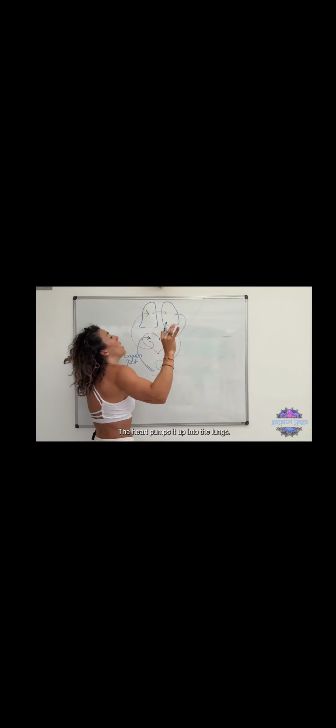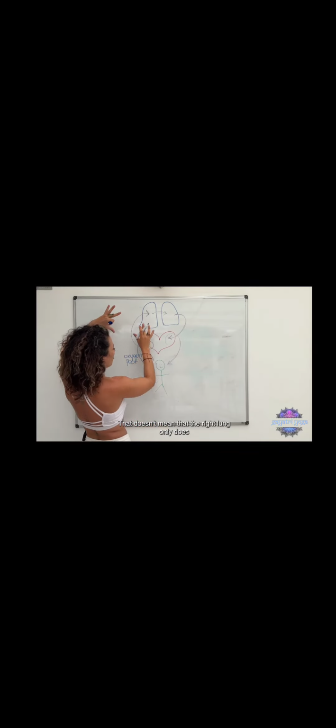Okay, so more or less, this is how it works. The deoxygenated blood, so oxygen poor blood from the body, is going up into the heart. The heart pumps it up into the lungs.